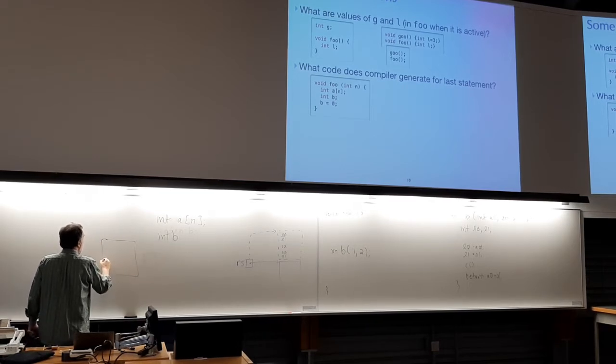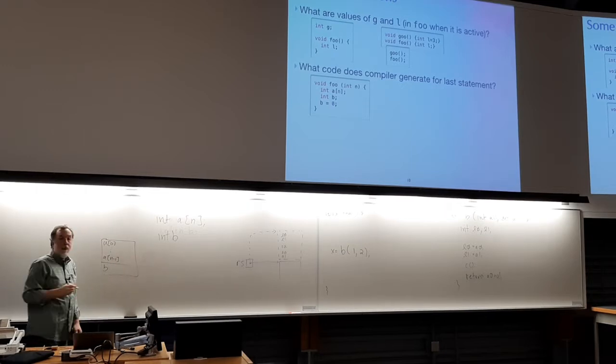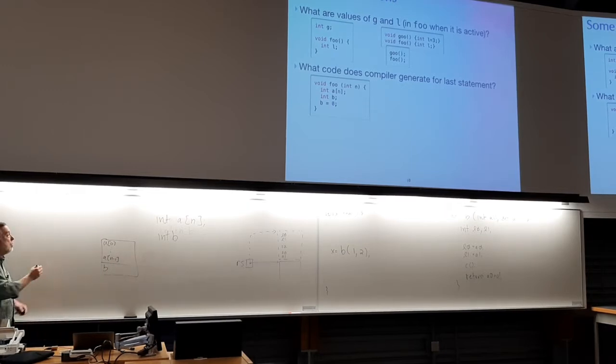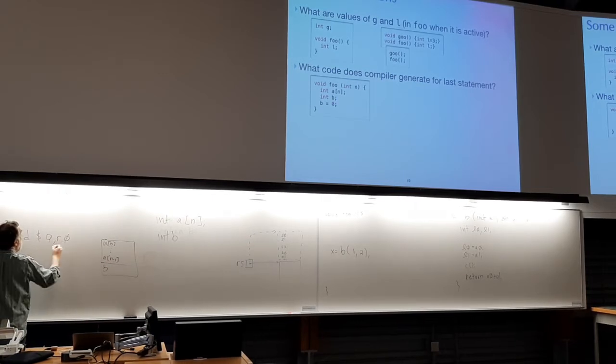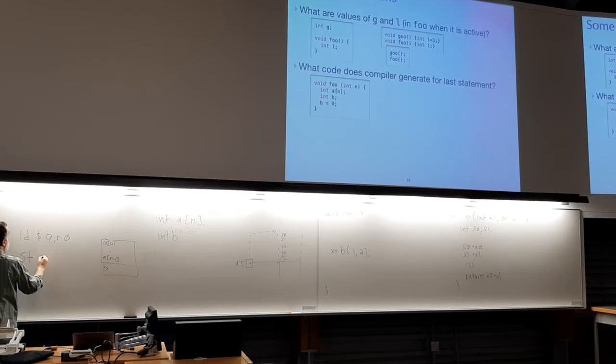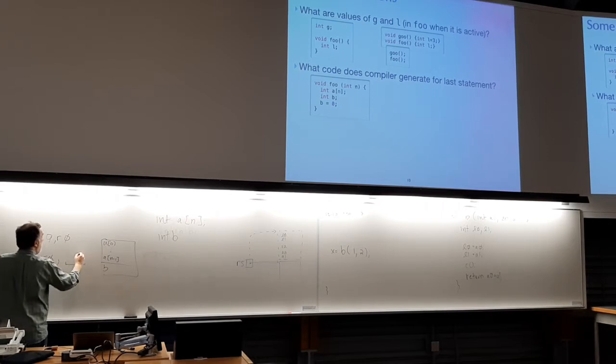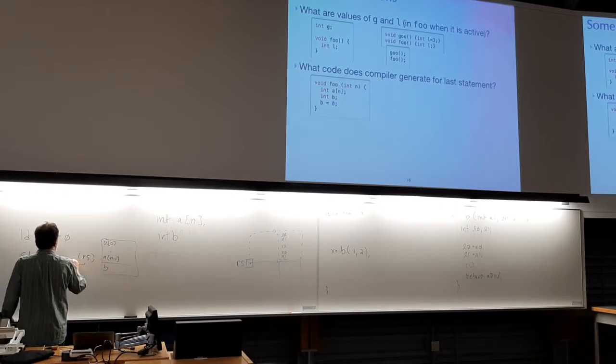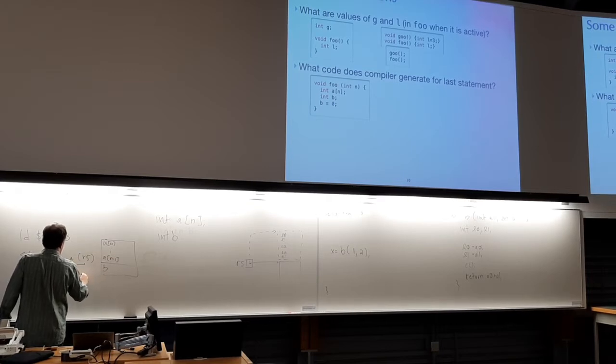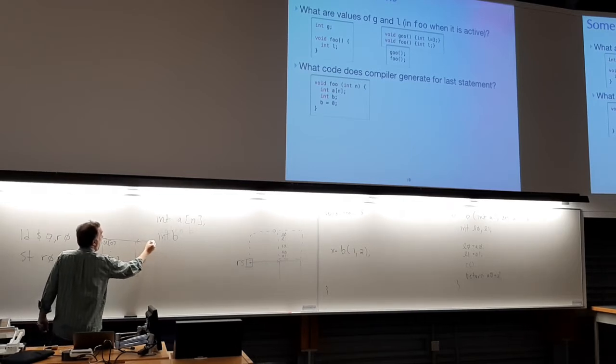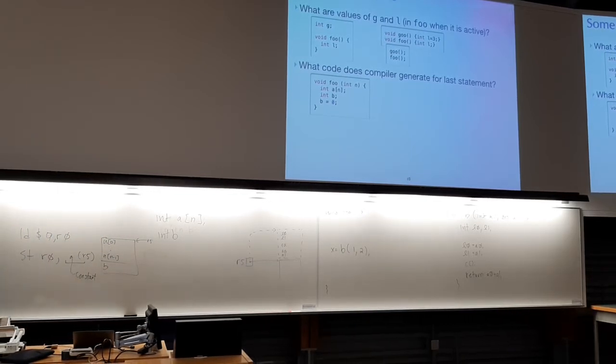And we know B is located after A. And we know that in order to store 0 into that location, we're going to store 0, which is in R0, into memory, and we need to know its address, and we know that the address is going to be some constant added to R5, which is the base address of the activation frame. And so what's the problem?